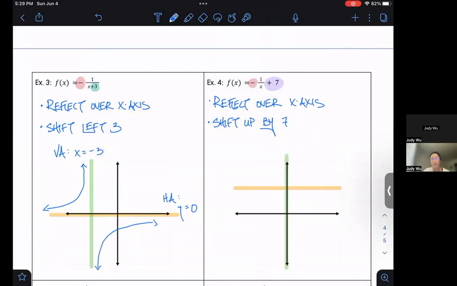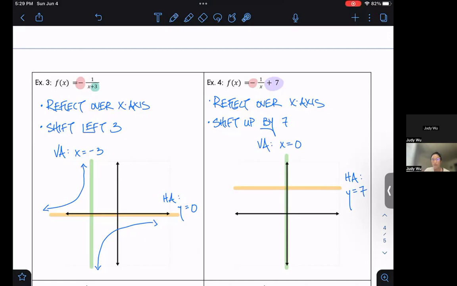Now, if you forgot to write your asymptote equations last time, now might be a good place to write those in, right? So we don't forget. Vertical asymptote of x equals 0. Horizontal asymptote of y equals 7. All right.